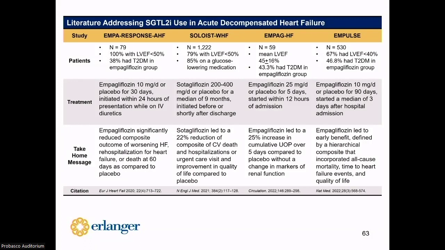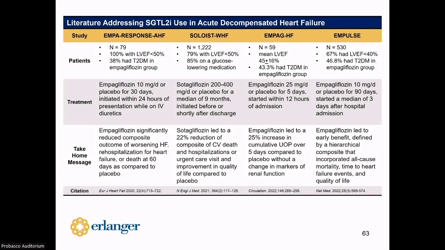The next study is the SOLOIST trial that was performed by Bhatt and colleagues. They evaluated patients with type 2 diabetes who had signs and symptoms of acute decompensated heart failure, who received IV diuretics, and who had an elevated BNP. They randomized patients to receive sotagliflozin or placebo for a median of 9 months, initiated before or shortly after discharge.